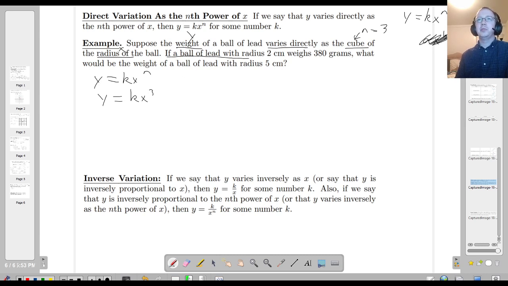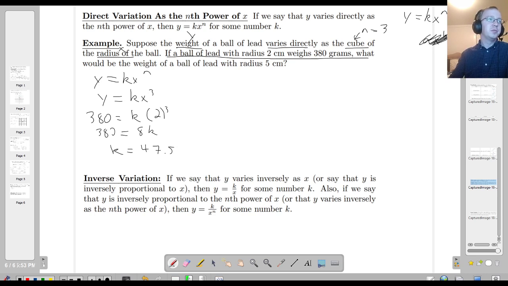They've told us that the radius is 2 when the weight is 380, so a weight of 380 equals k times x, which is the radius, 2, cubed. So 380 equals 8k. I will divide both sides by 8. That's 190, 95, 47.5. So I found k.